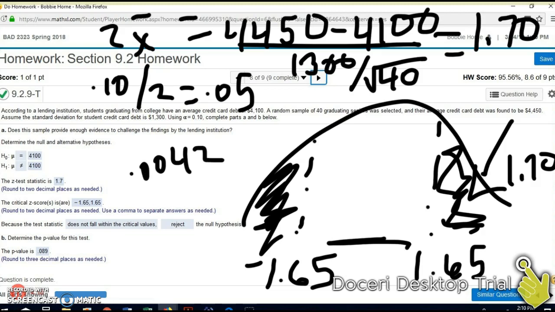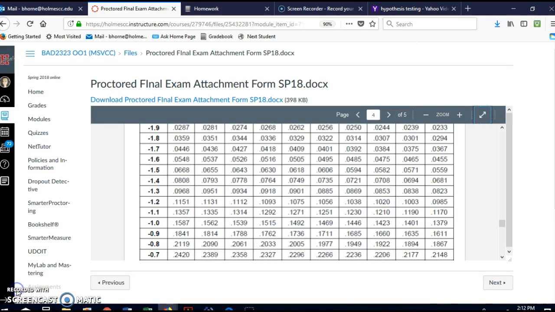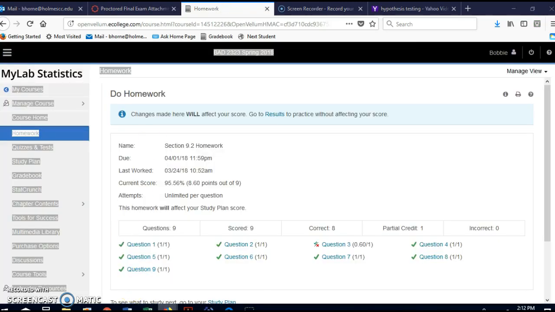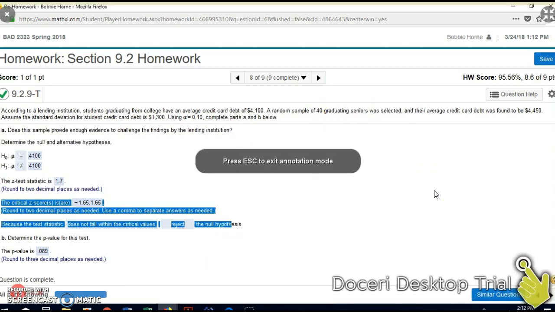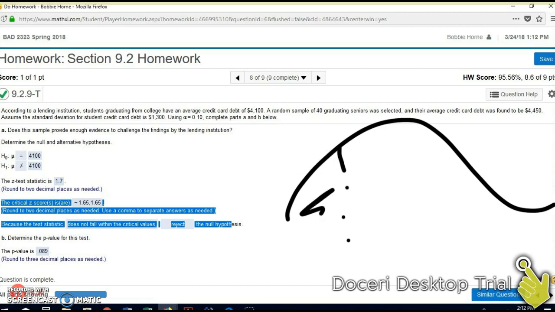And then, that's not right. Let's see what our critical value is. So our critical value is, if you look it up, 1.70. You could do negative 1.70, so 0.0446. So 0.0446 times 2, because remember we have this side here.